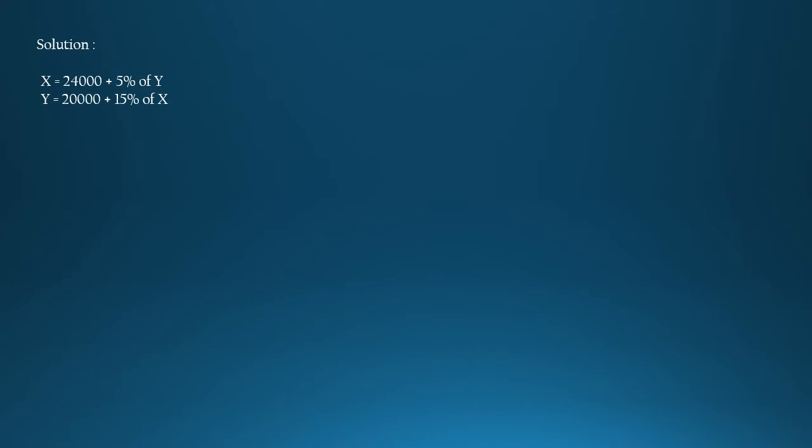Here x represents the total overhead of department D and y represents the total overhead of department E. 24,000 is received by department D after primary distribution, and department D will get 5% of overhead from department E. So the equation for D department, the total overhead of D, is x, which will be 24,000 plus 5% of y.